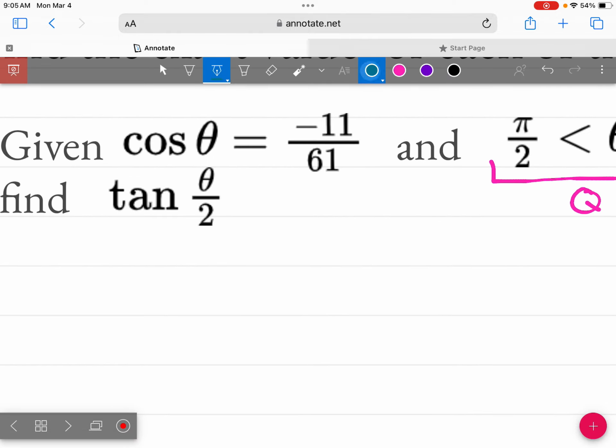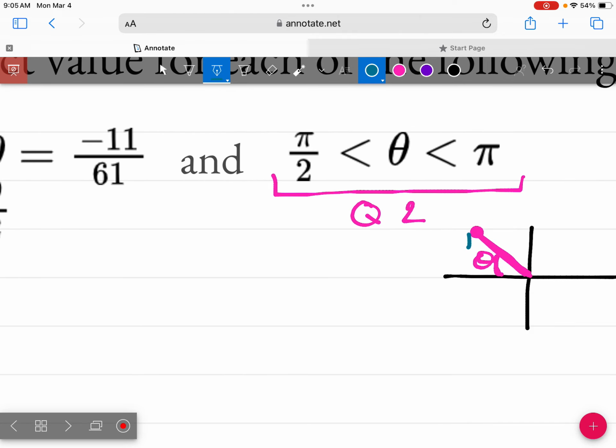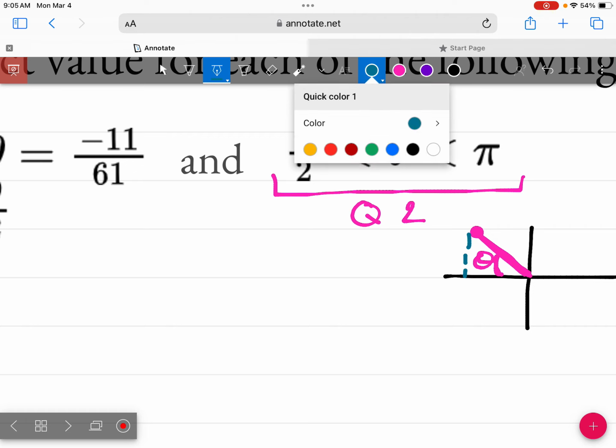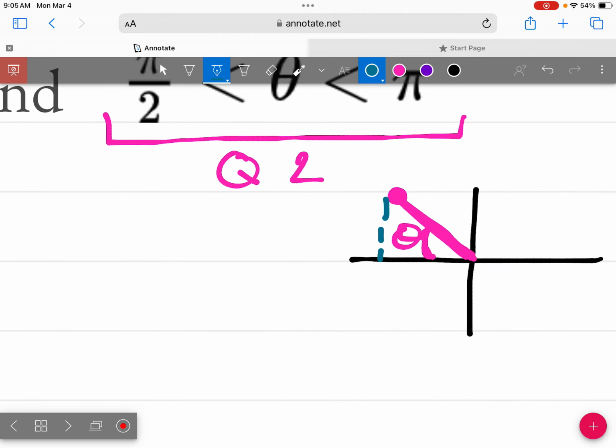So cosine tells us what parts about this triangle? Yeah, it tells us our hypotenuse and our adjacent, right? So we know that the adjacent side is 11. Our hypotenuse is 61. And which piece gets the negative?